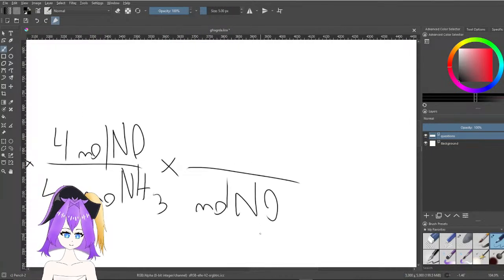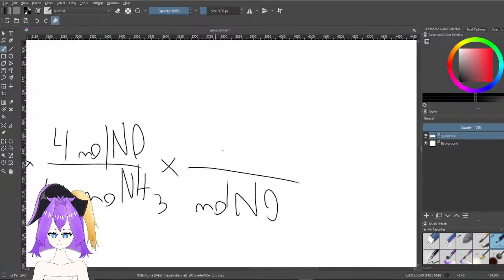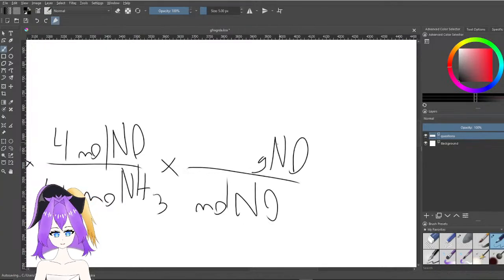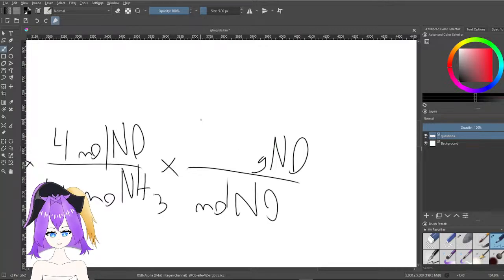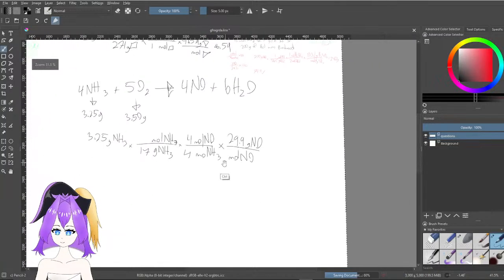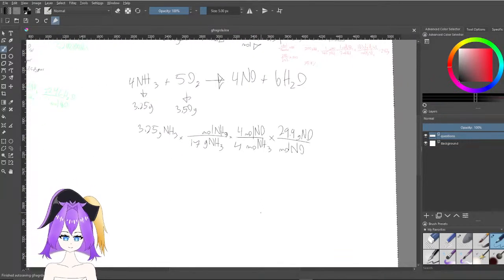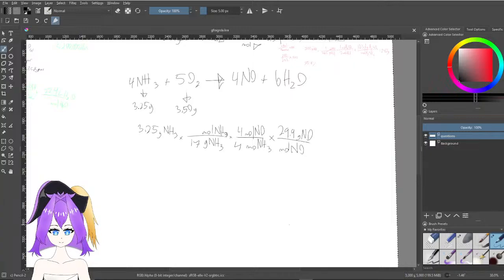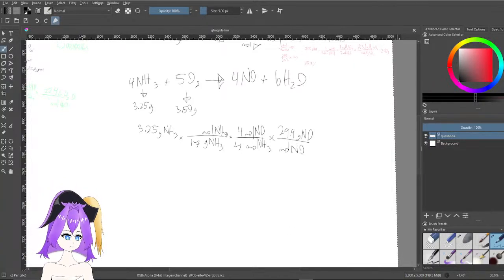NO, nitrogen oxide, into grams of nitrogen oxide. 14 plus 15.9 is 29.9.